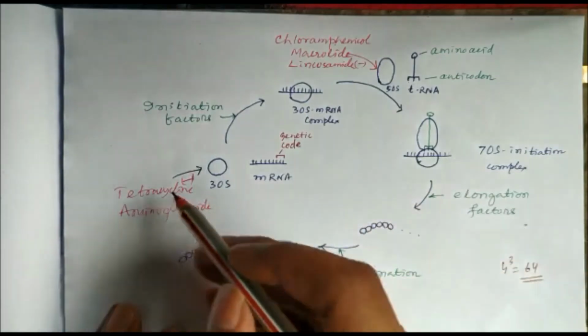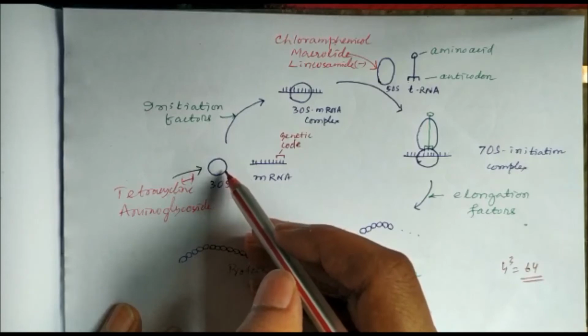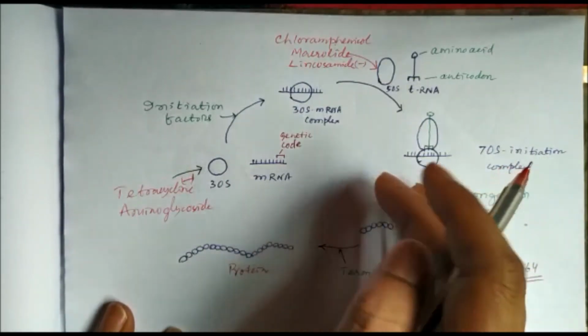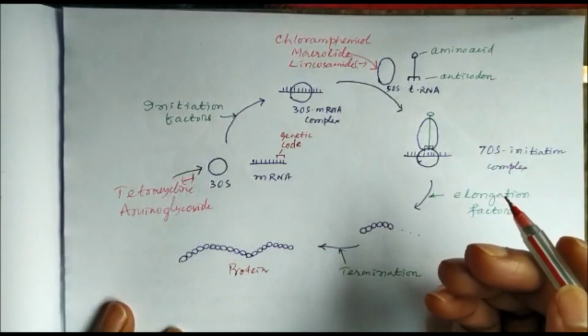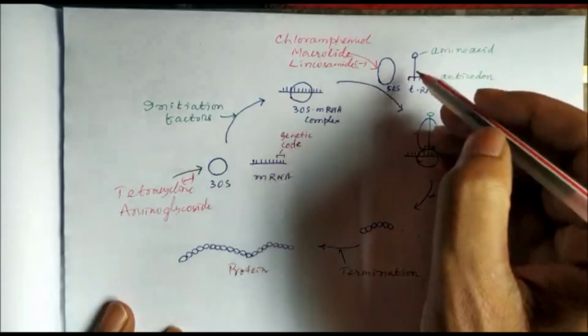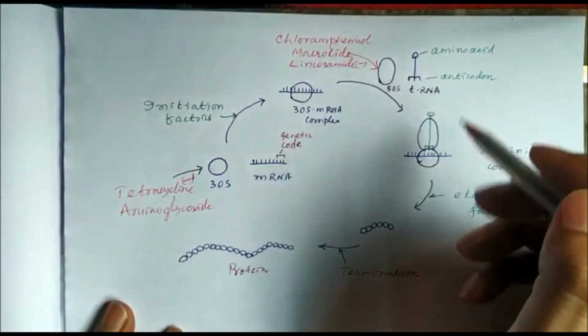So tetracycline antibiotics inhibit protein synthesis by inhibiting the 30S subunit of the ribosome. Tetracycline antibiotics also have another mechanism of action. They bind to the transfer RNA that initiates the translation process.